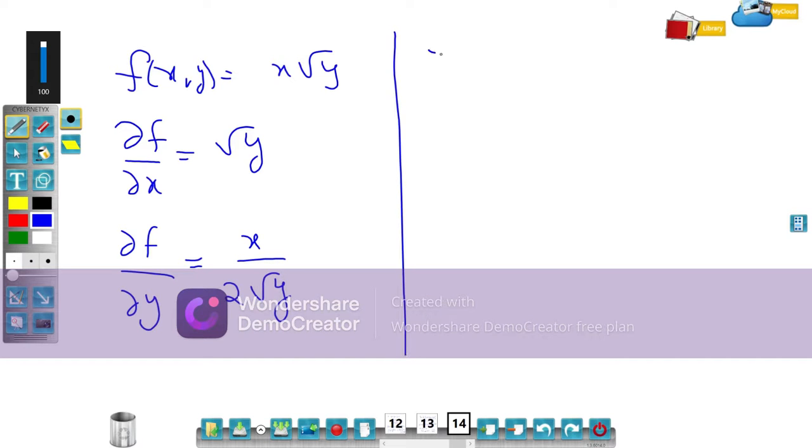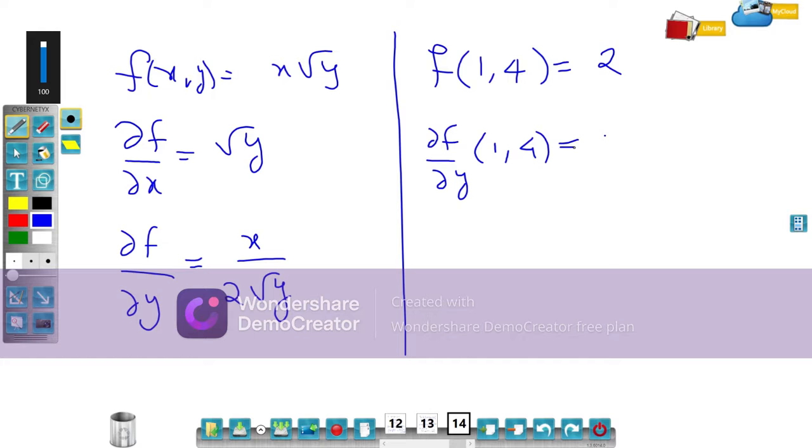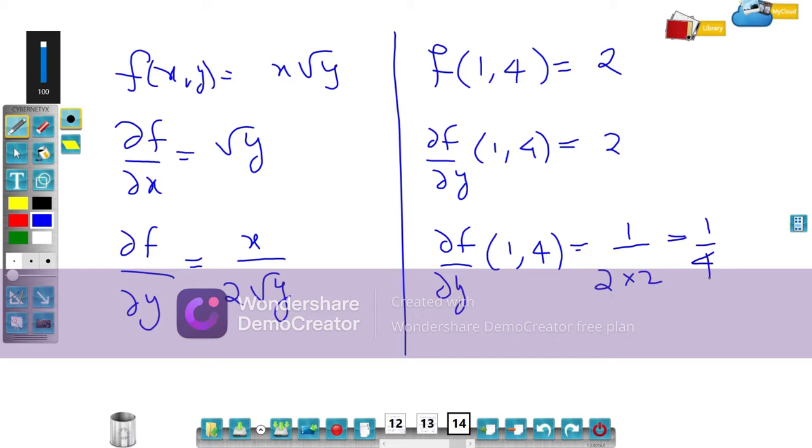Right. So ∂f/∂x evaluated at (1, 4) will be 2. ∂f/∂y evaluated at (1, 4) is equal to 1 upon 2 into 2, which is 1 upon 4.